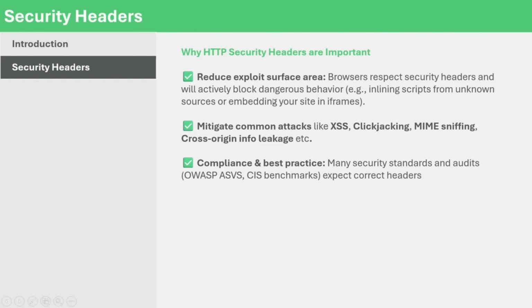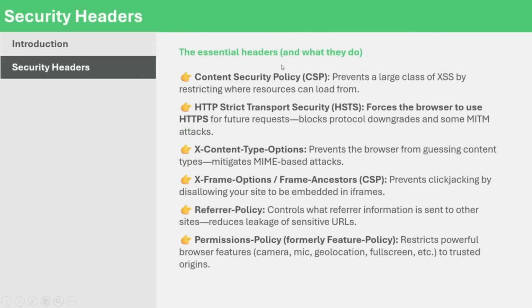Now, what are the common HTTP security headers which we need to add? There are a lot of essential security headers which we can add to the response, like the content security policy, the HTTP strict transport security policy, X content type options header, X frame options header, referrer policy, etc. There are many HTTP security headers which we can set on the response from our Express application.